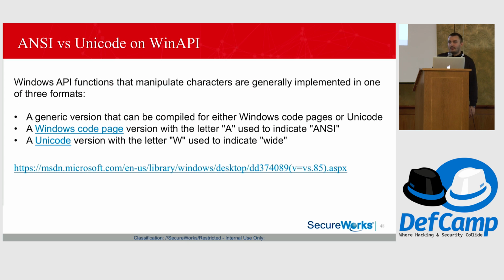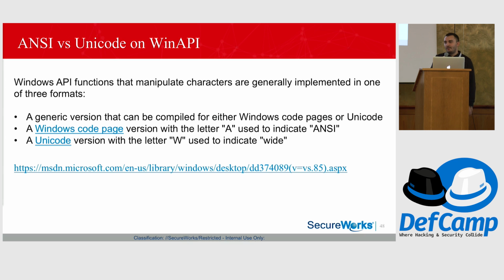An important thing on directly calling functions from Windows is that many of the functions that work with strings have two versions. A DLL will export, like URLDownloadToFile, two functions, URLDownloadToFileA and URLDownloadToFileW.